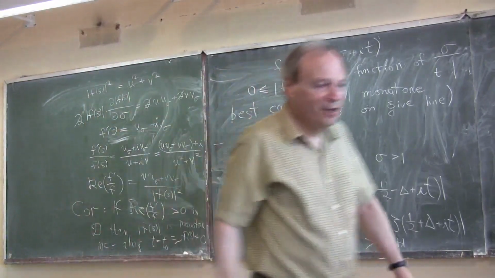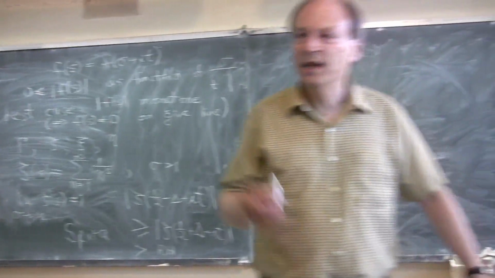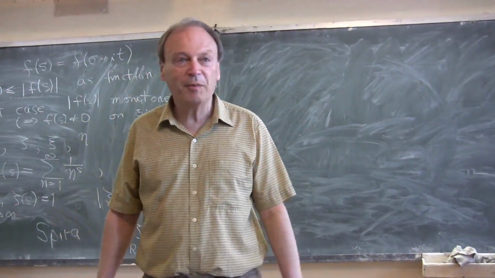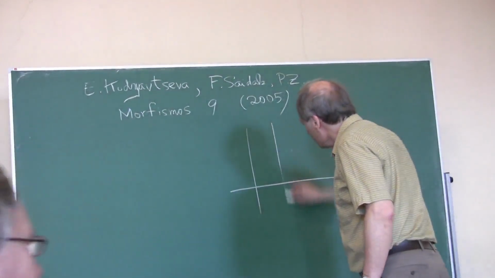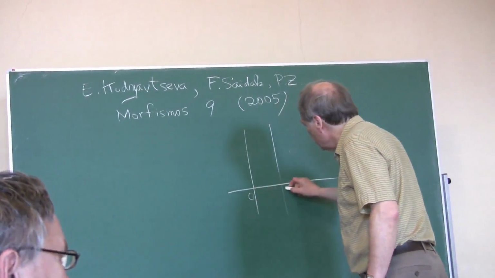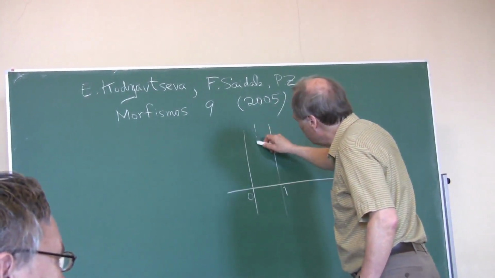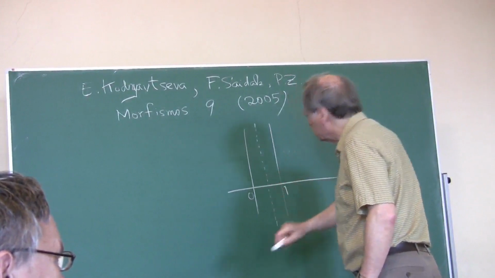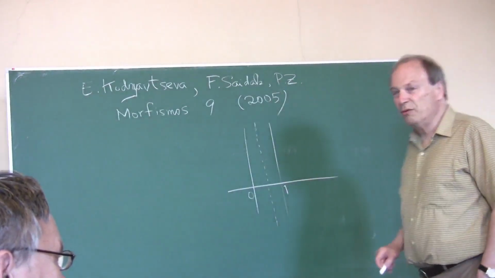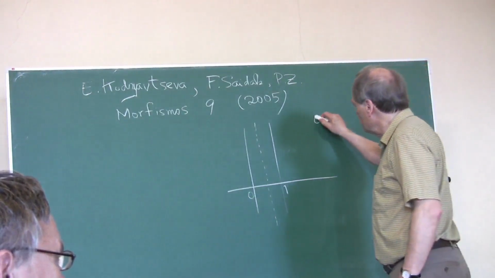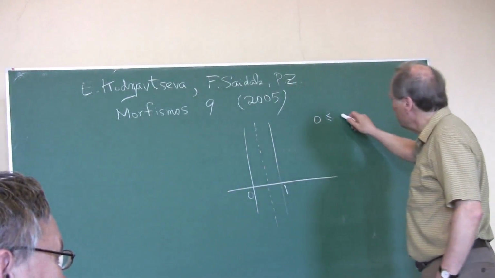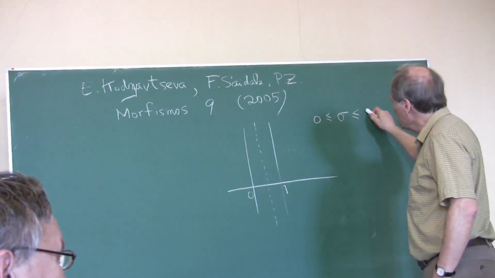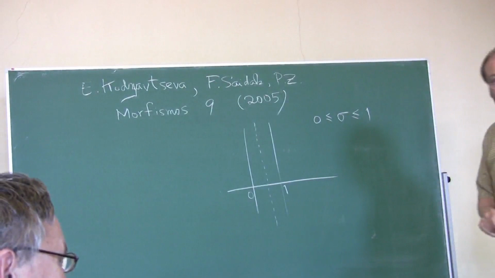I'll say one small thing about that to give you some idea how powerful the Riemann hypothesis is. Let me draw this picture. Complex plane. Here's 0, 1, and here's your critical strip. Riemann already proved that any non-trivial zero satisfies 0 ≤ σ ≤ 1; the trivial zeros are here.